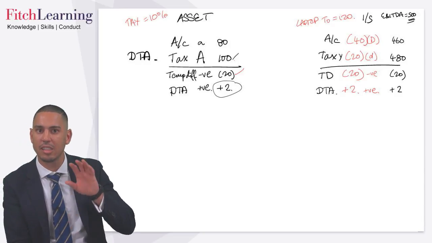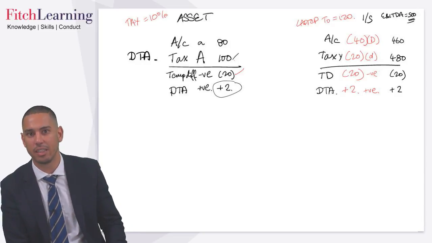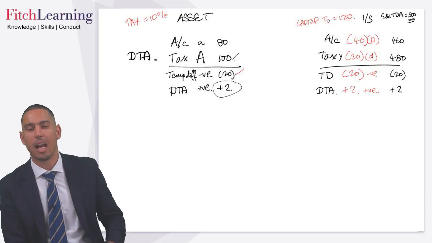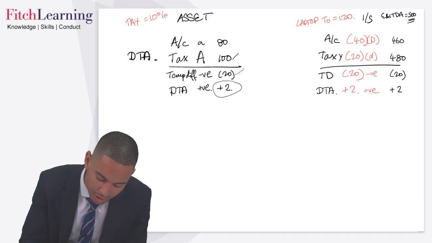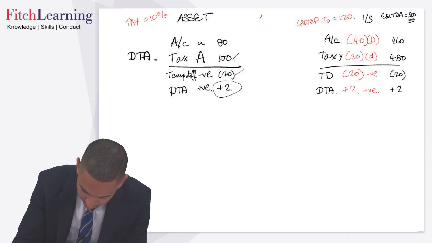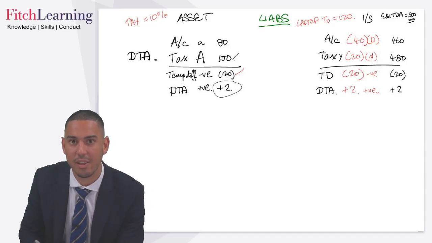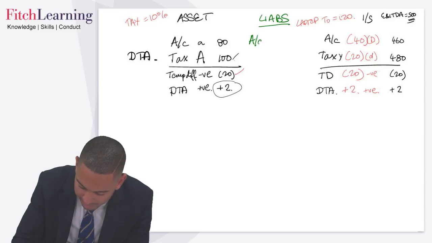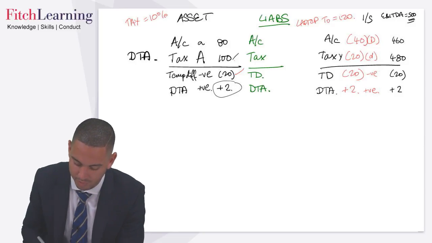I can use this pro forma in any given situation. And I can use it for assets. I can use the exact same thing for liabilities. So if I do the exact same for liabilities, I've got per my accounts, per the tax authority, I've got my temporary difference, and I'm now looking for a deferred tax asset.